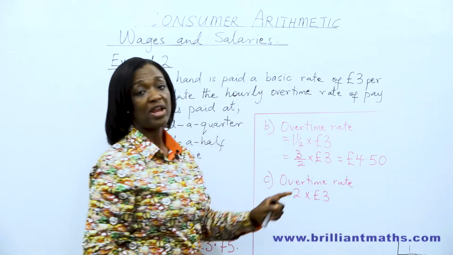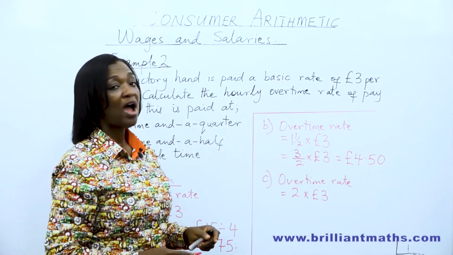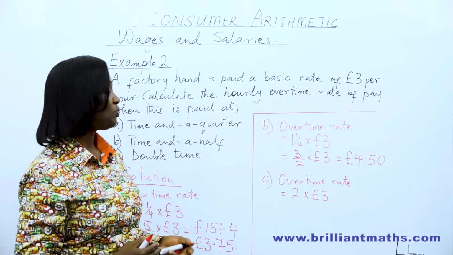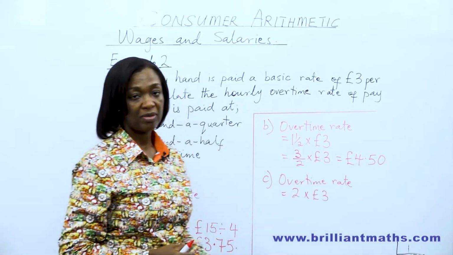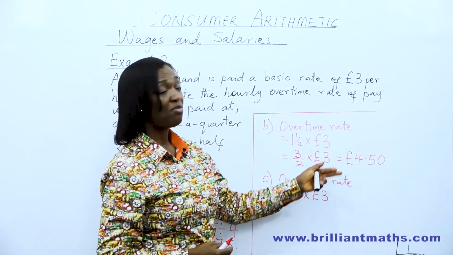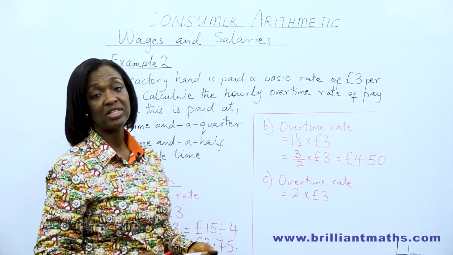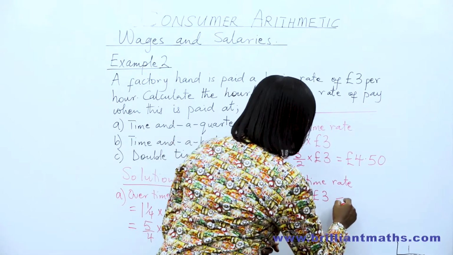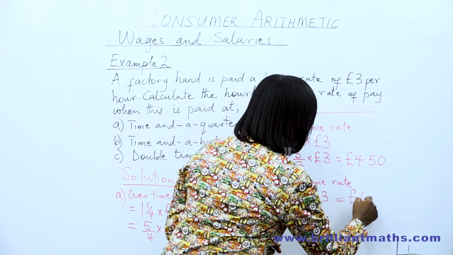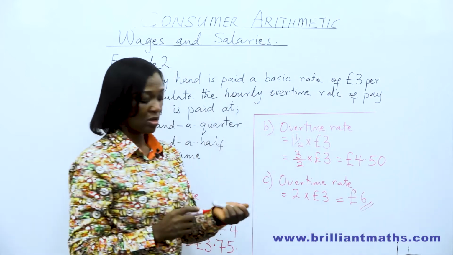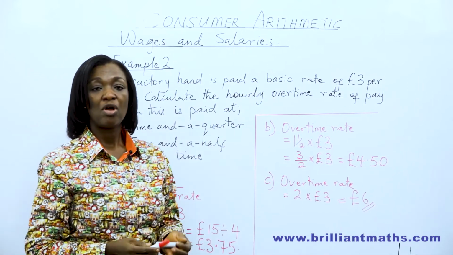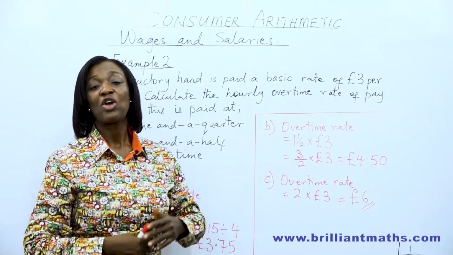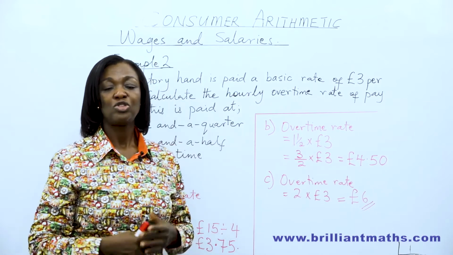So instead of getting paid £3 for an hour of work, because it's overtime, he gets paid £4.50. And then when the overtime rate is double, you're simply getting twice the pay. So that is 2 times £3, and that gives us £6.